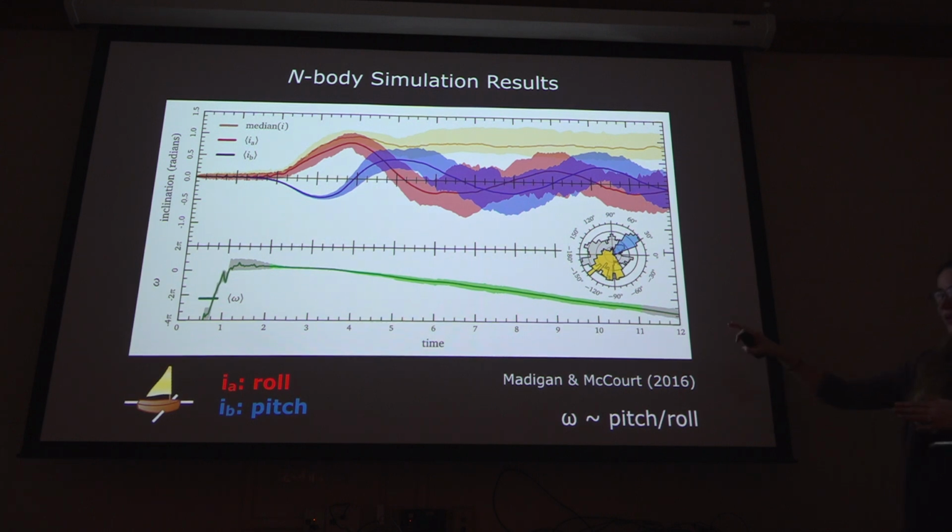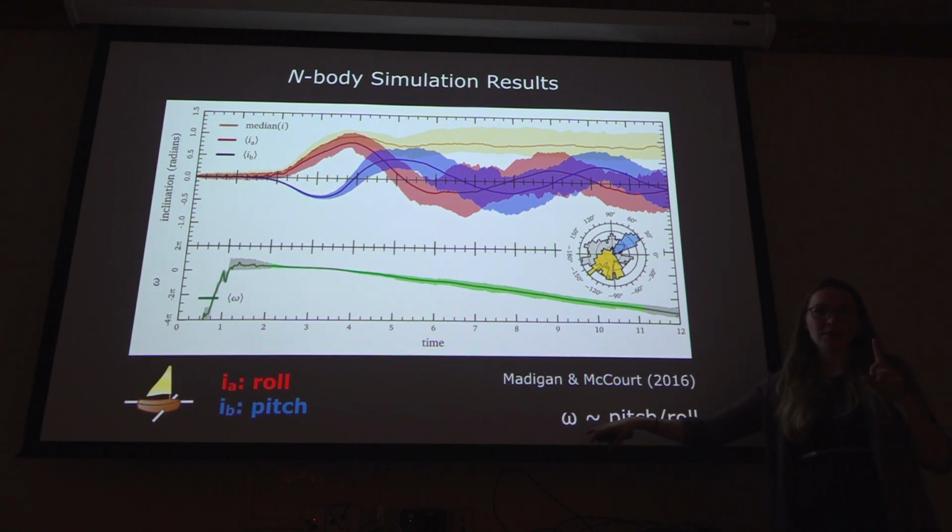I won't go into exactly what that is in 3-dimensional space, but for low inclination values, you can very easily show that omega is given by how much you're pitching divided by how much you're rolling. So when all the orbits are pitching and rolling in exactly the same way, all their omega values collapse to a single value and last for a really long time scale. So this is going to be important where we compare it to simulations.